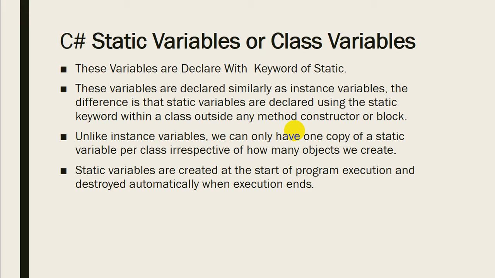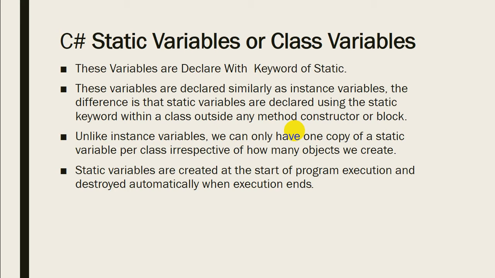The other difference between static and instance variables is that when we define an instance variable with no value, it stores a garbage value, but when we define a static variable, it stores 0.